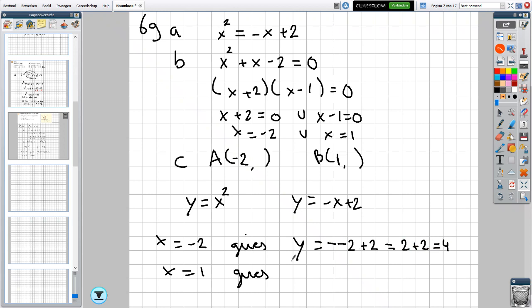Sorry for that. That's a beginner's mistake. And here change x into 1: -1 plus 2. -1 plus 2 is just 1. So that means if my x is -2, so that's right here, then here this becomes 4, because y is 4.